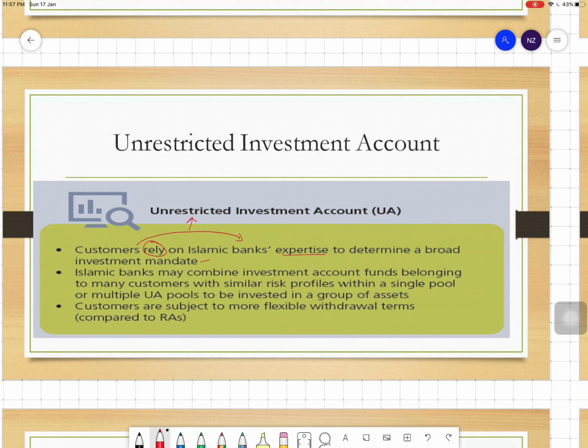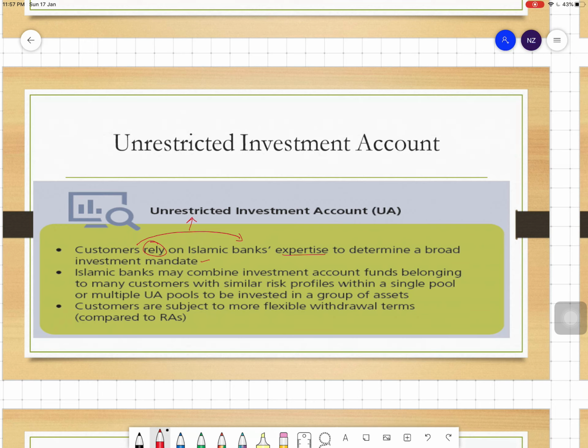Bila customer tu dah invest in the Islamic bank, so Islamic bank ni akan gunakan this customer funds yang sama risk dia. Okay, dia akan combine all of the customers from different account, and dia akan invest this combined funds in the group of asset lah.